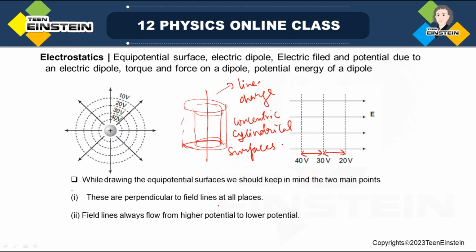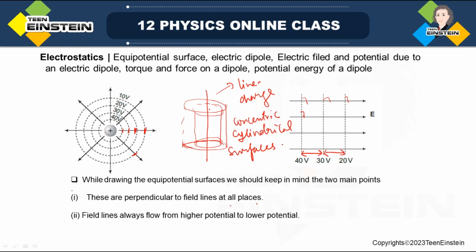Electric field lines will be perpendicular at each place on the surface. In this case, the electric field line is perpendicular to this surface at this point. In case of this uniform electric field also, you can see the electric field lines are always perpendicular to the equipotential surfaces at each point.